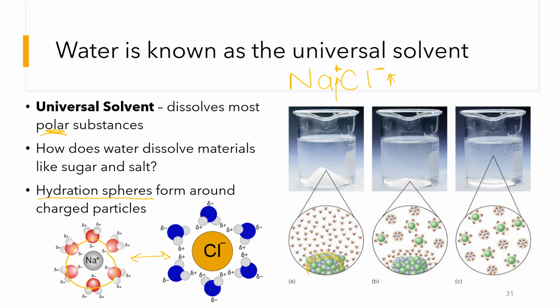So if the sodium is the positive ion, then it will be surrounded by the more negative aspects of the oxygen. If we're looking at the negative ion, the chlorine, you will see that it is surrounded by the more positive hydrogens rather than the negative oxygens.